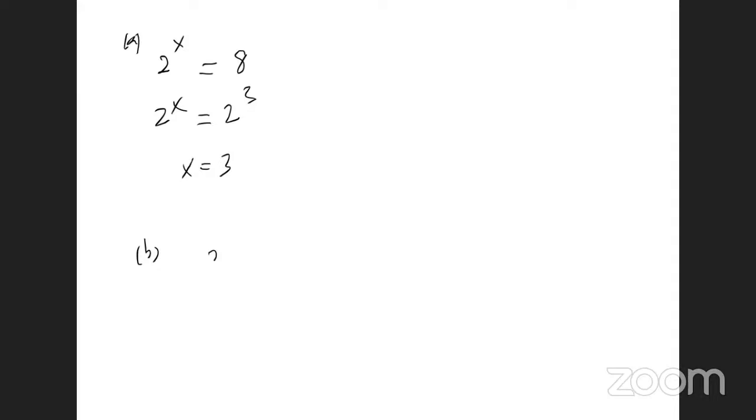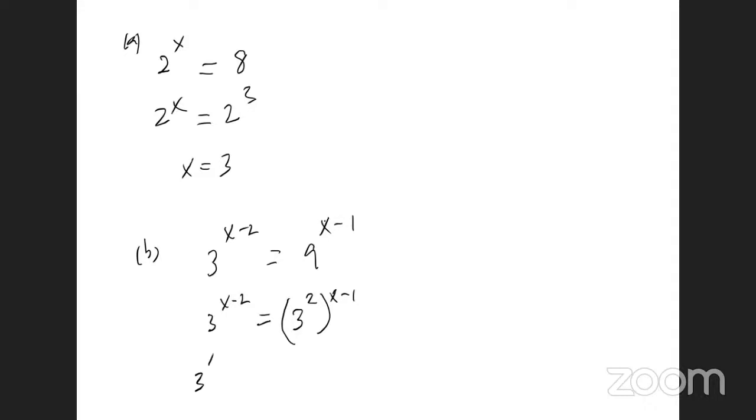If you had something like this, 3 to the x minus 2 is equal to 9 to the x minus 1, what would you do here? Compare them. Same base. So this is 3 to the x minus 2. This is 3 squared, all to the x minus 1.